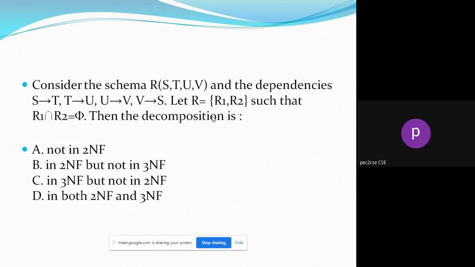Then the decomposition is what kind of decomposition? Is it not in second normal form, or in second normal form but not in third normal form? In third normal form but not in second normal form? In both the second and third normal form?